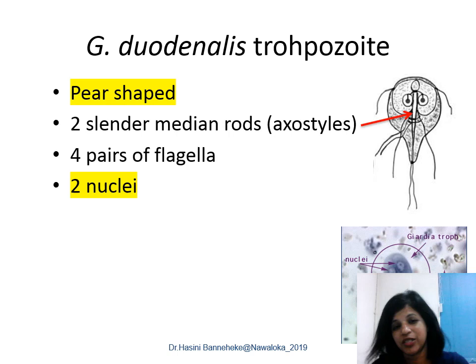It has flagella, of course 4 pairs of flagella. So with the shape, the number of nuclei, the axostyle, and the presence of flagella, you can recognize it as a Giardia duodenalis trophozoite.